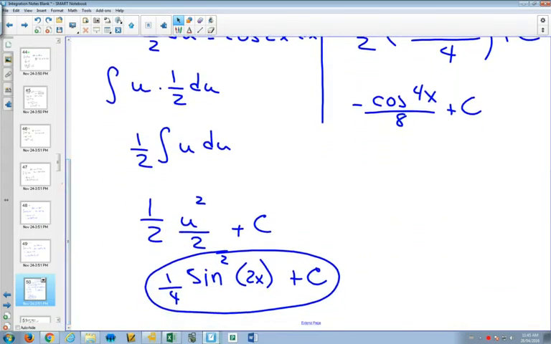Total different looking answer than what we had started with. And it makes you think, is 1/4 sine squared 2x equal to negative cos 4x over 8? It might make you think that might be an identity.